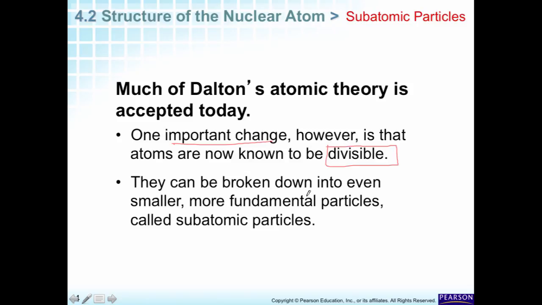We know that atoms are divisible because they can be broken down into what we call fundamental particles called subatomic particles. Now the thing with this is a fundamental particle is not unique like an element is unique. So an atom is going to be a unique element. An electron or a proton or a neutron is not. It could be from any element. Okay, that's going to be what our difference is.